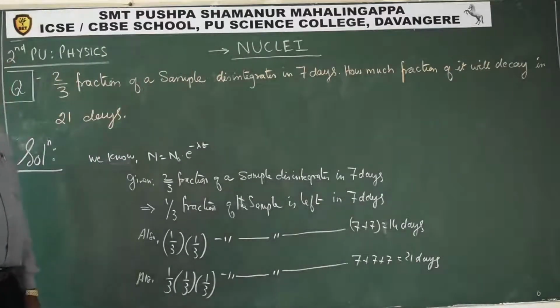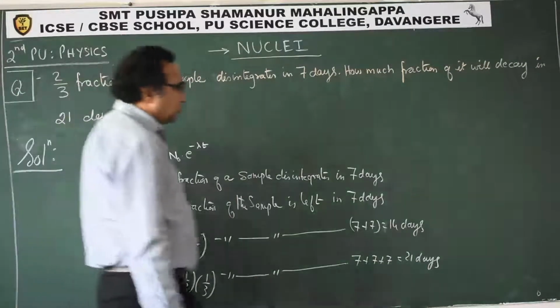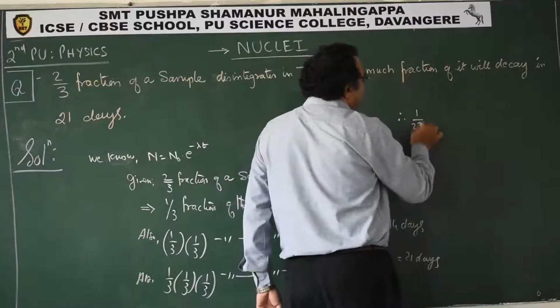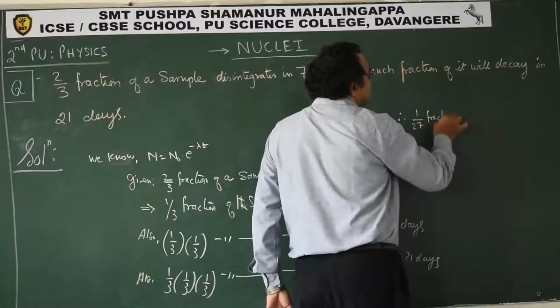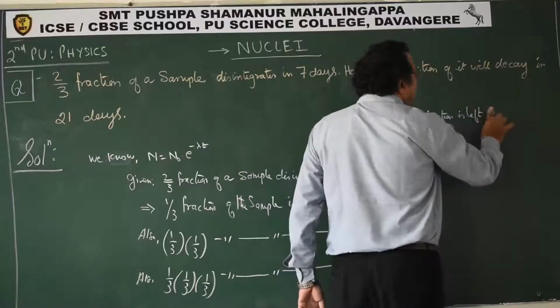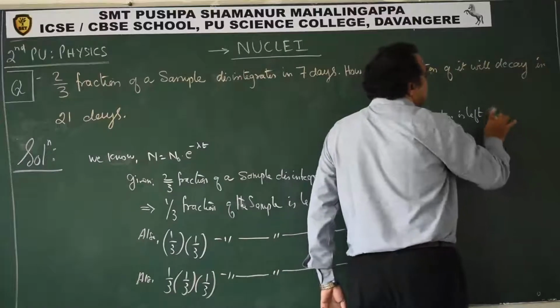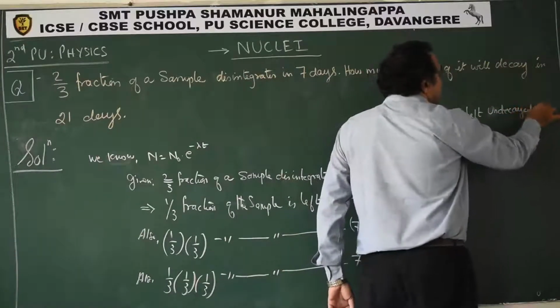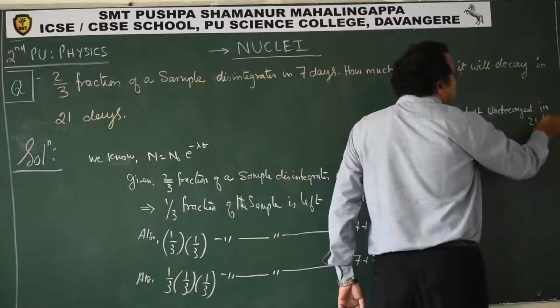So what we can say? So therefore 1 by 27 fraction is left undecayed in 21 days.